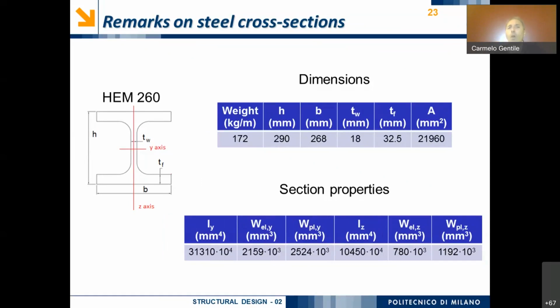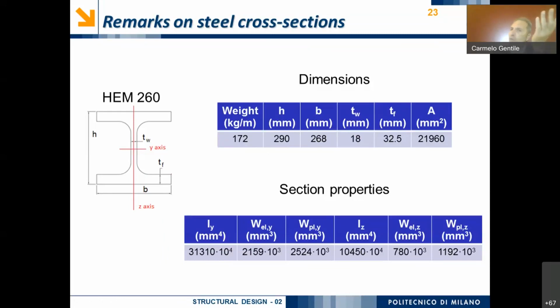And for all this kind of profile in the standard textbooks, but also in the standard manuals, we can find not only the basic geometric dimensions like h, the overall height of the cross section, b, the width of the profile, the thickness of the web and the thickness of the flanges, the area and so on, but also the inertia bending moment and the geometric characteristics that we have called WL and WPL.